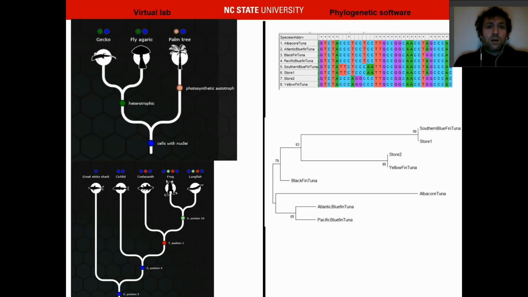A brief comparison of how they look. The virtual lab is exceedingly well designed. You plug these balls, which are the traits, into the trees that you generate, and if it's incorrect, it'll let you know. And the phylogenetic software, this is kind of where the technology's at, uses sequencing data to generate phylogenetic trees that look like this.